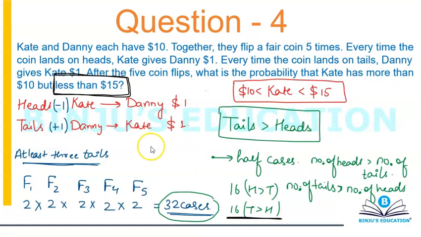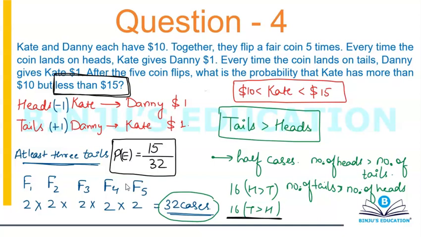So we will have 15 cases left where the number of tails is more than the number of heads, and not all of the tosses are showing tails. So your probability that Kate will have more than 10 but less than 15 will be 15 by 32, and that is your answer.